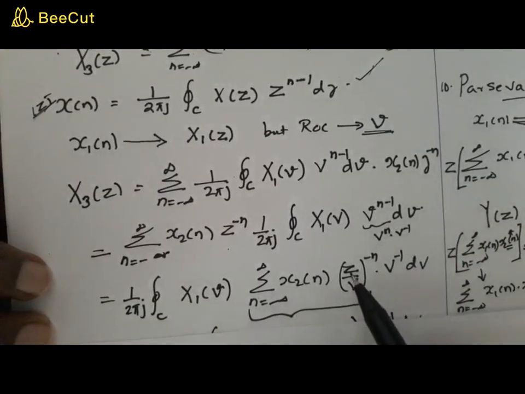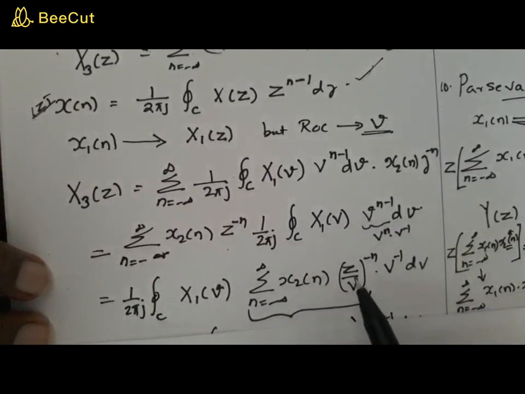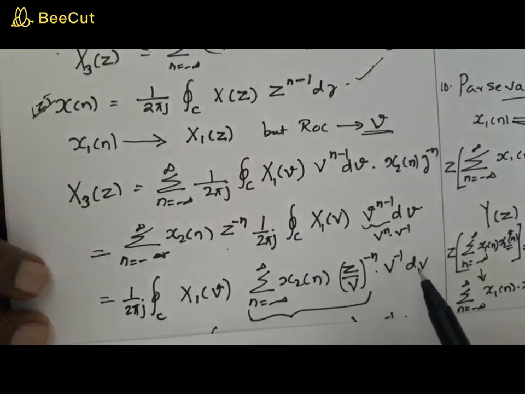That v raised to n together with z raised to minus n can be written as z by v, where v at the numerator becomes v inverse, and v inverse raised to minus n is v raised to n. So there is nothing wrong in writing it like this: z by v raised to minus n, v inverse dv, right?